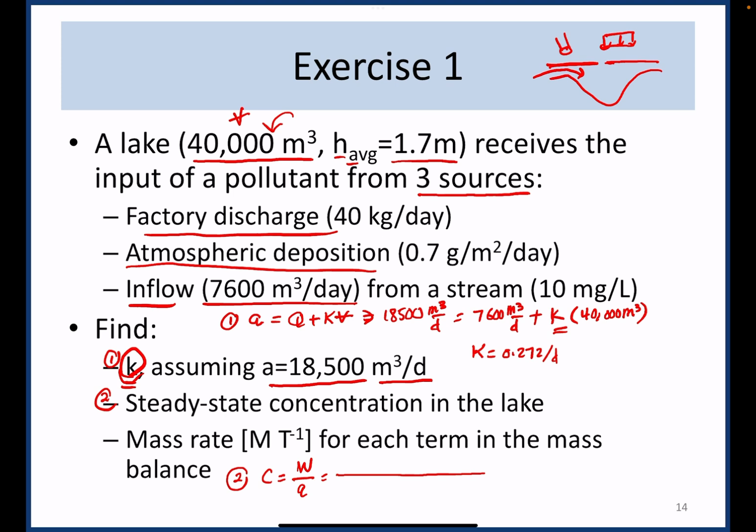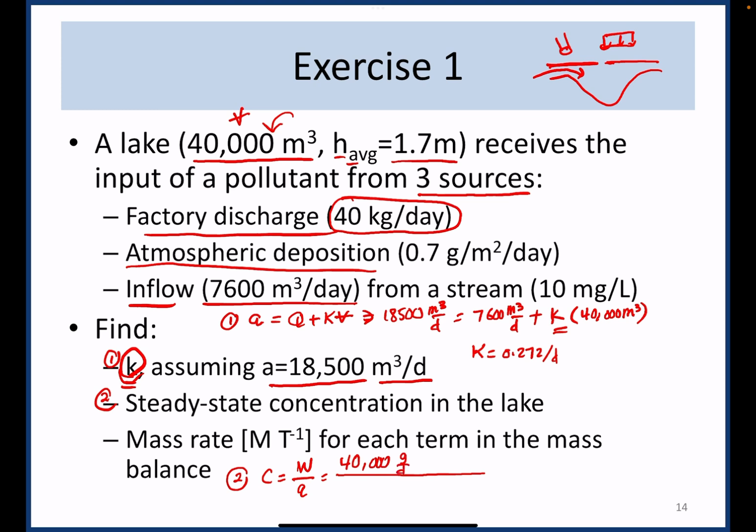The first loading is the factory, the point source. We will have it in grams: 40 kilogram changes to 40,000 gram per day.